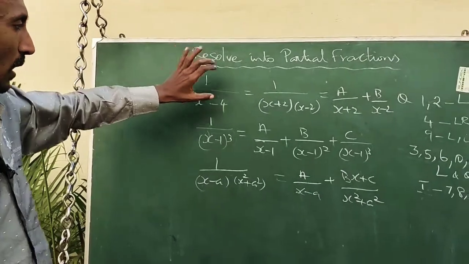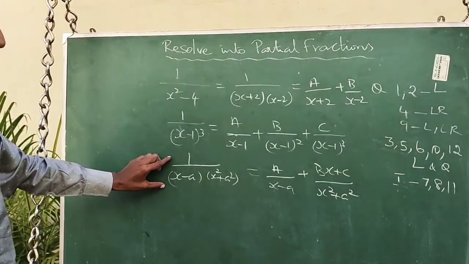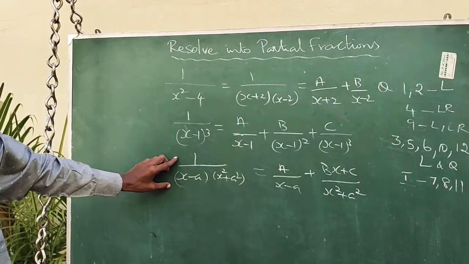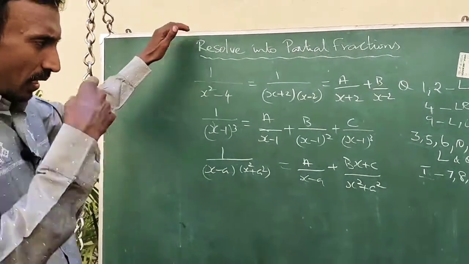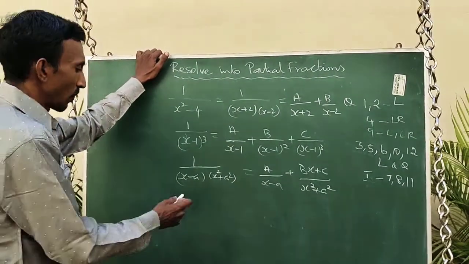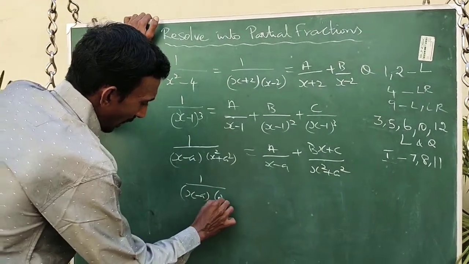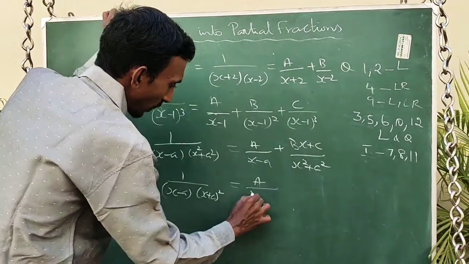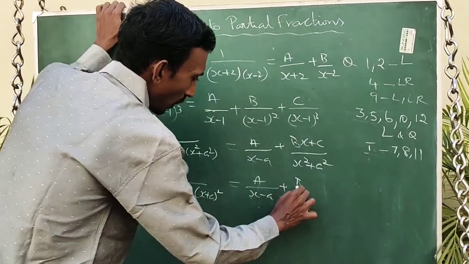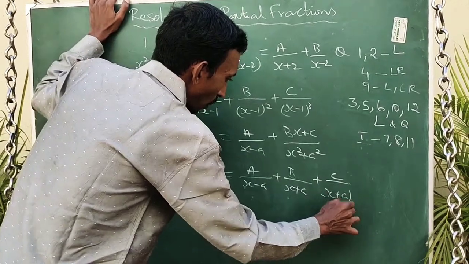So we have linear not repeated, linear repeated, and linear with quadratic. It may also contain linear and linear repeated together. For example, 1 by (x minus a) into (x plus a) the whole square. So a by the first factor plus b by (x plus a) plus c by (x plus a) the whole square.